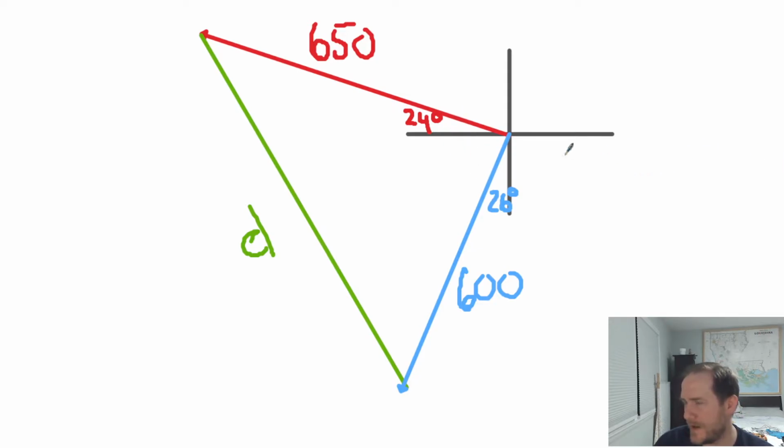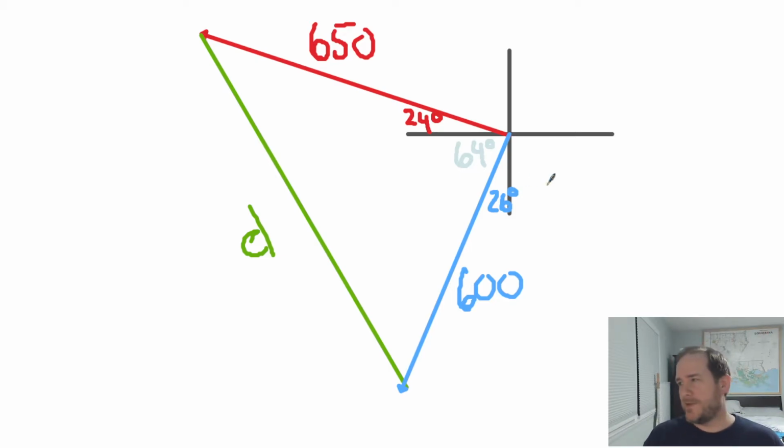So that means we actually want to use the fact that east, west, and north, south are perpendicular. So these two angles together would be 90. So if you find the complement of 26, if you do 90 minus 26, you get 64. So that piece there in lighter blue is 64.